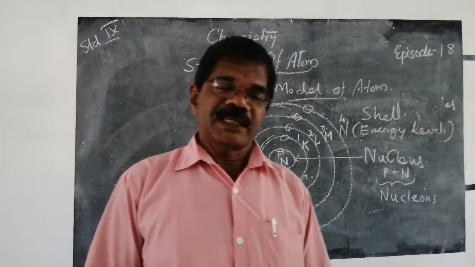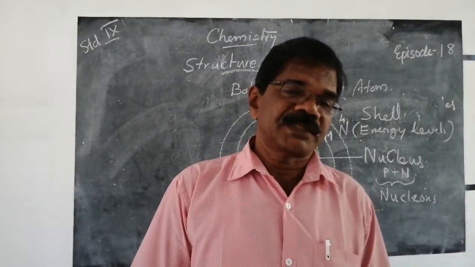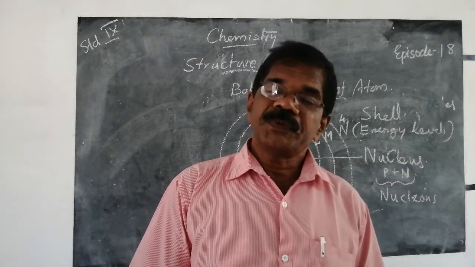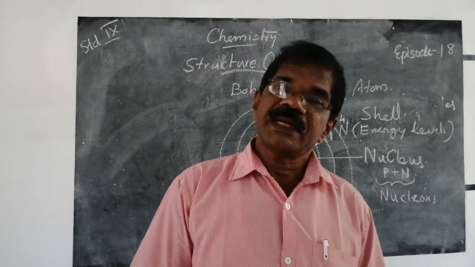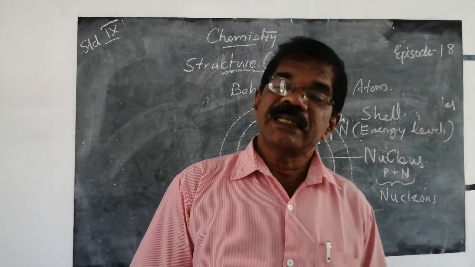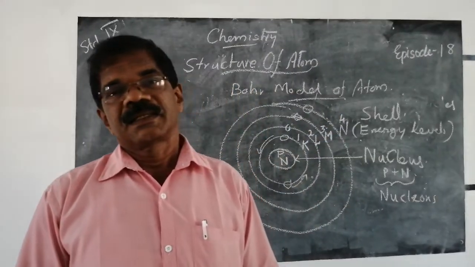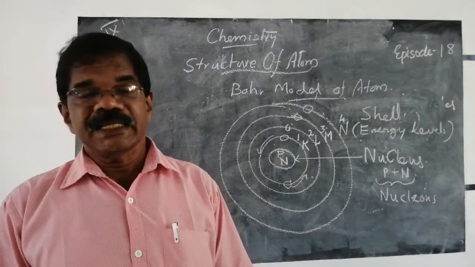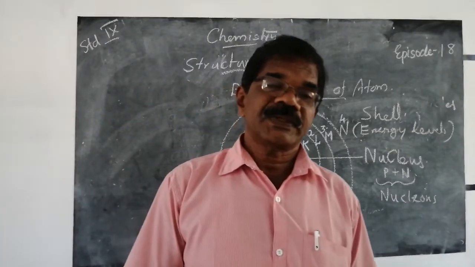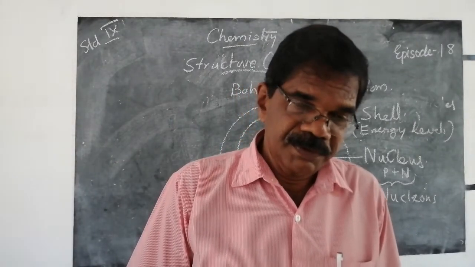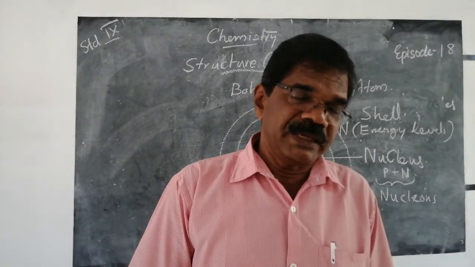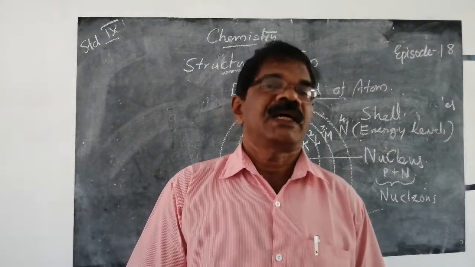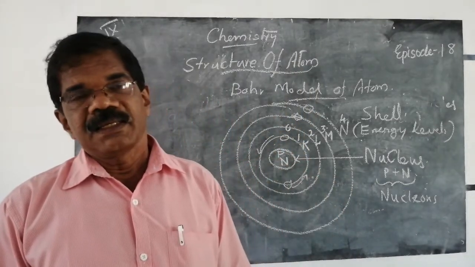Later, by the experiments conducted by J.J. Thomson, Goldstein and Rutherford, they proved that atoms contain some charged particles, which they named electrons and protons. Then the scientist James Chadwick found the presence of neutral particles also in the atom. This neutral particle is known as neutron.